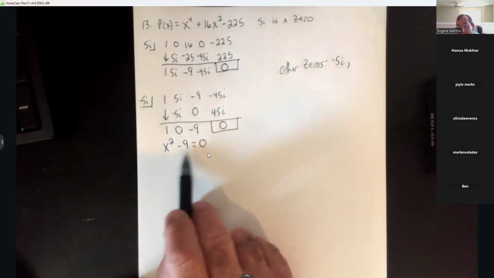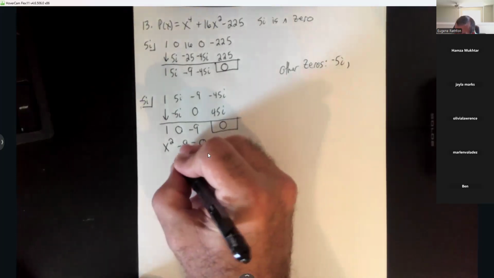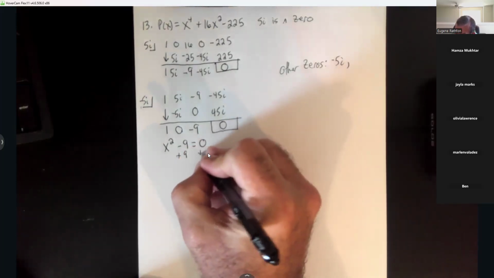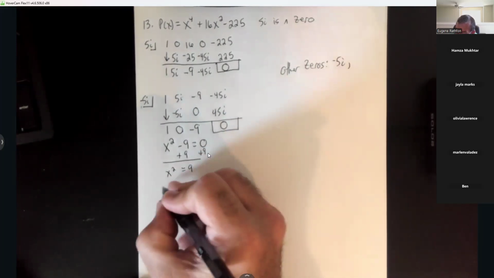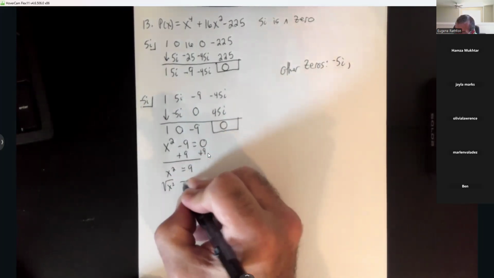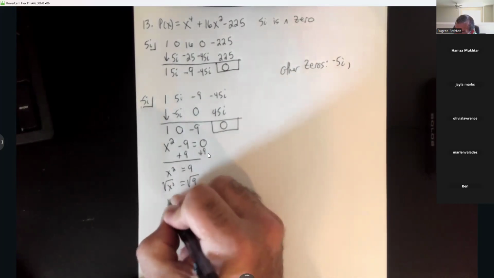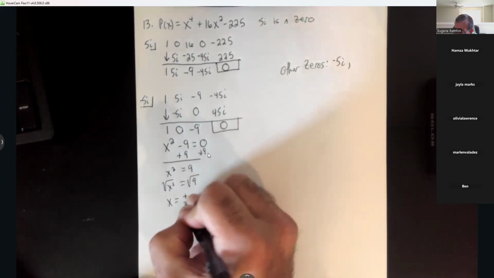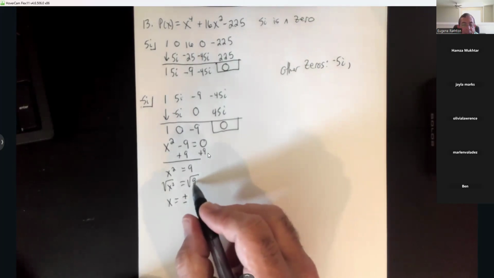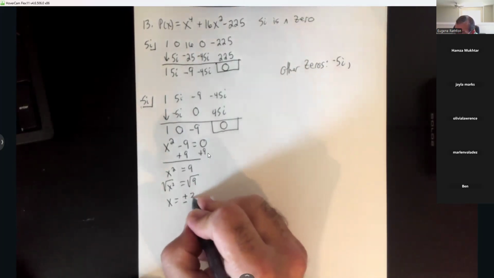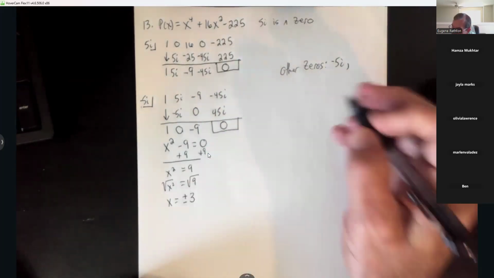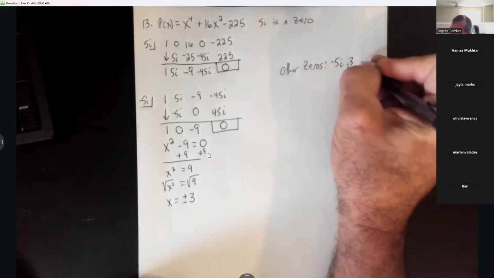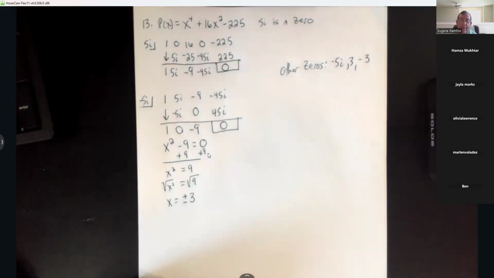And y'all, the way I solve this one, I'm just going to add 9 and do square roots. So I get x² equals 9. I'm going to do the square root of both sides. So that's going to give me x equals plus or minus, square root of 9 is what, a 3? So the other zeros are going to be the negative 5i, positive 3, and negative 3.